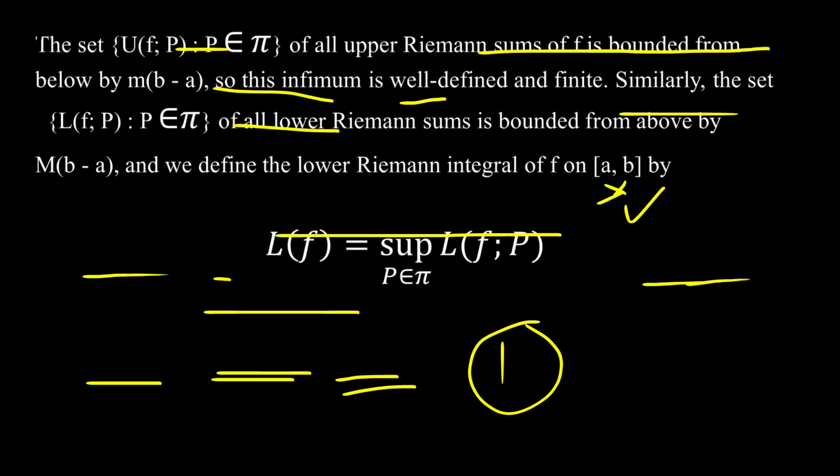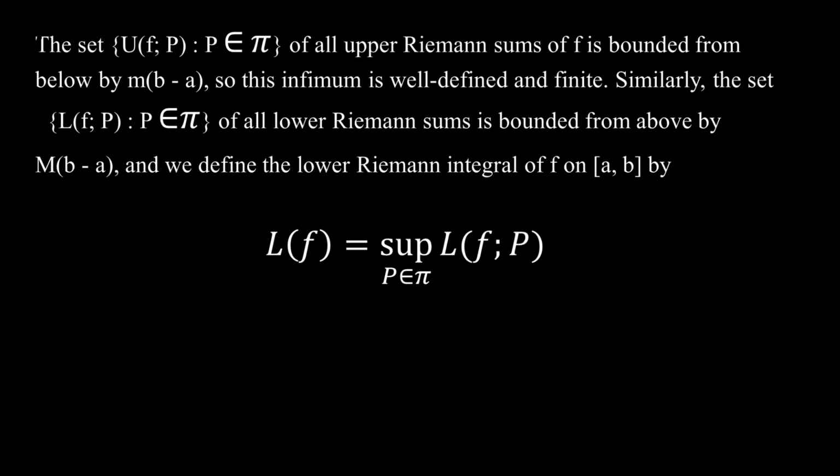And again, if we use the same, the set of upper Riemann sums of f is bounded from below by that. So this infimum is well defined and finite because it is bounded above and below.